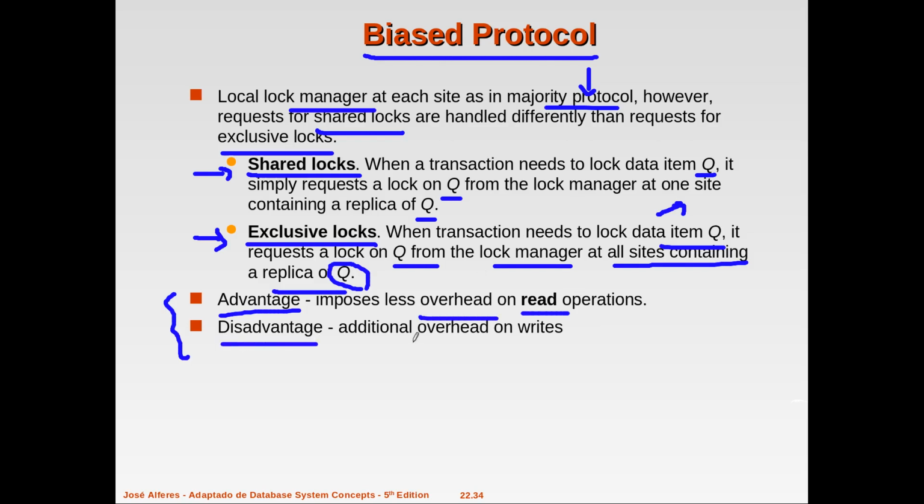But the disadvantage is that when we are writing, we need to send a request to all the sites where that particular item resides, and responses must also be received from the different sites. So there is more data transfer and overhead due to this communication for write operations. That is the drawback of the biased protocol.